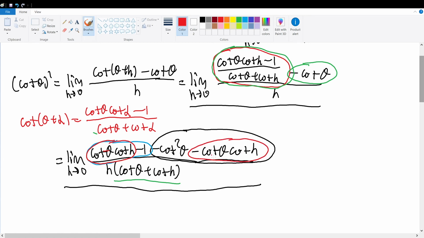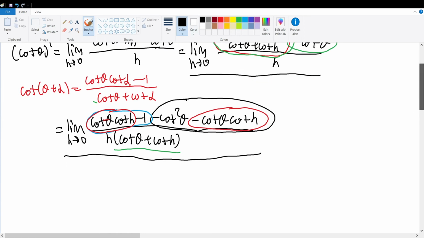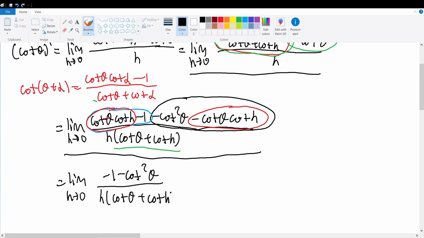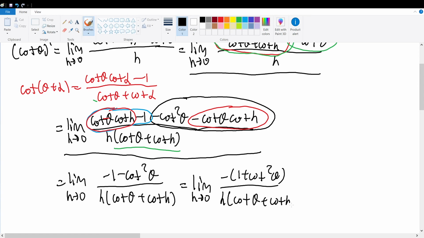So we can cancel these two terms out to become, if I scroll down, the limit when h goes to 0 of negative 1 minus cotangent squared of theta divided by h times cotangent of theta plus cotangent of h. And what I can do is rewrite the numerator to become the limit when h goes to 0 of negative 1 plus cotangent squared theta divided by h times cotangent theta plus cotangent h.